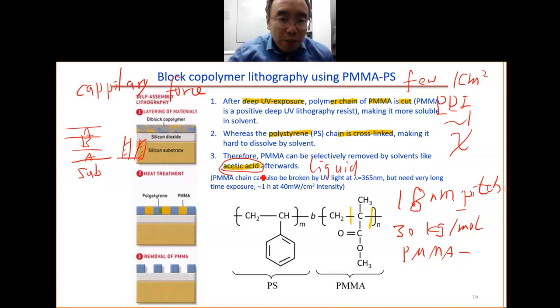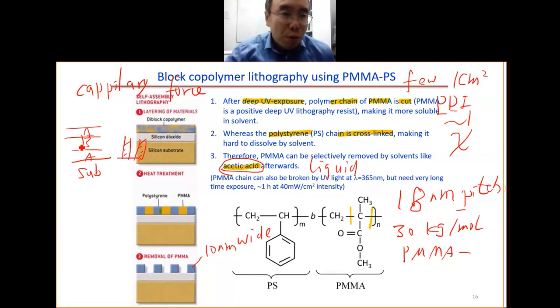If the feature size here is very small, say 10 nanometer, you have this capillary force. So the pattern will collapse. The pattern will fall down. This is not good. So as a result, this method is not good for the pattern transfer if the feature size is only 10 nanometer.